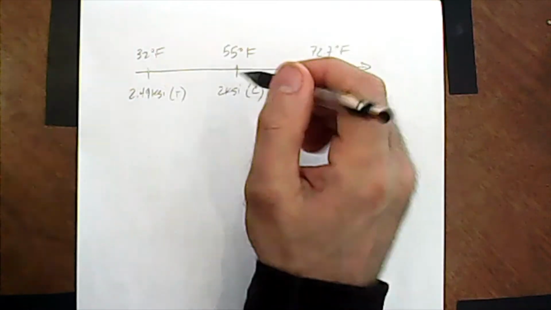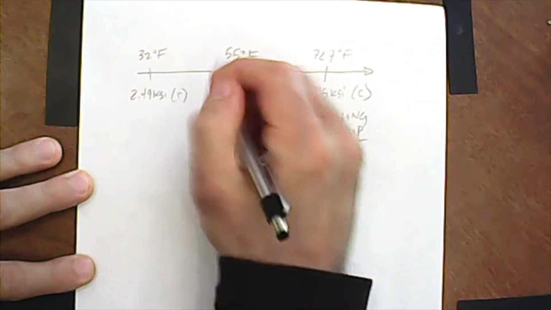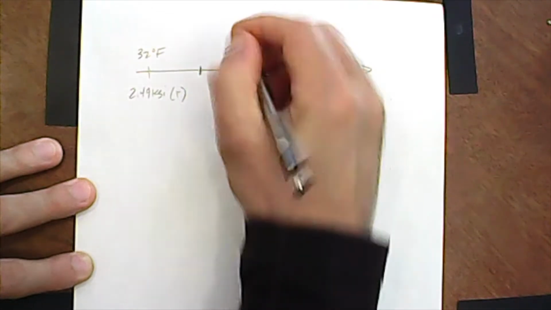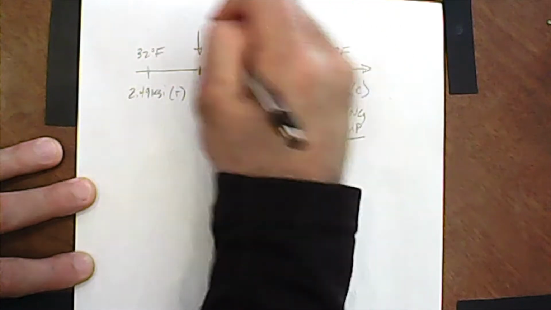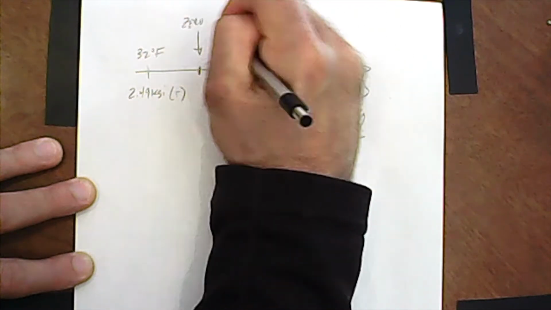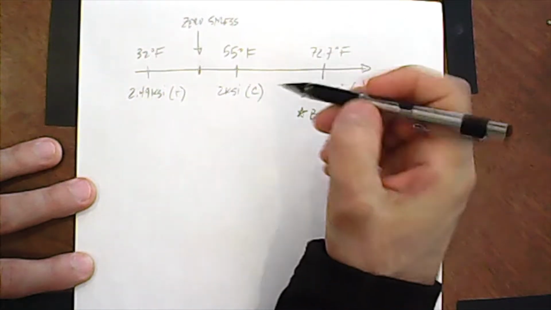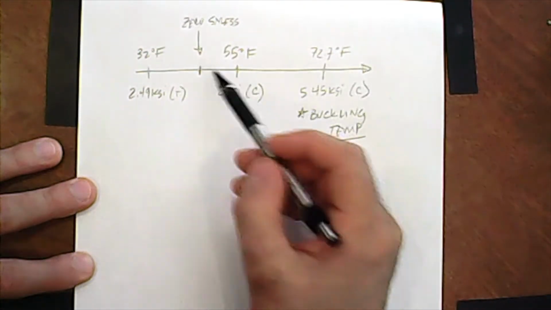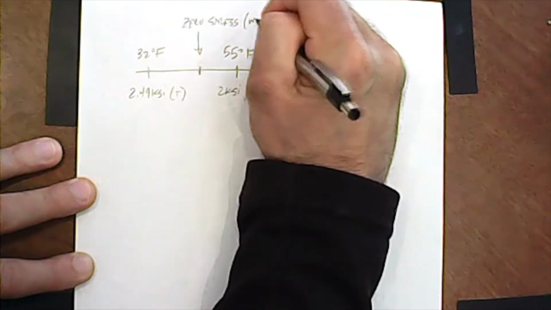And you know, it's somewhere in between here, and it's linear, so you can figure out exactly where it is. It's not quite halfway, but somewhere around there, you are going to have a zero stress moment. And you could also say at that zero stress temperature in between here, that's also where it was installed.